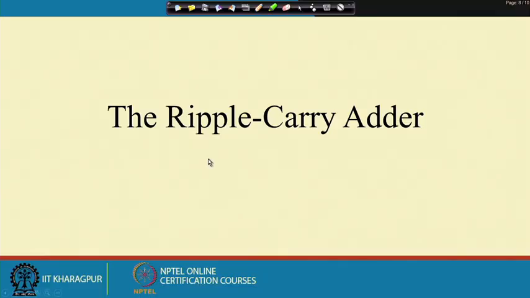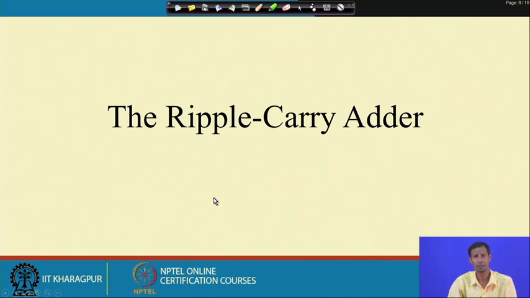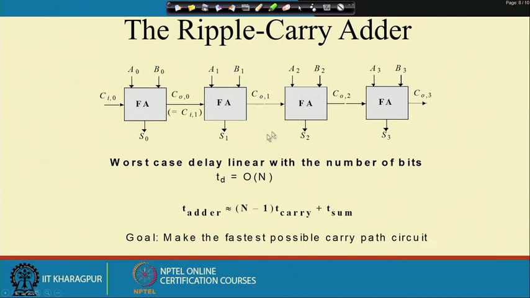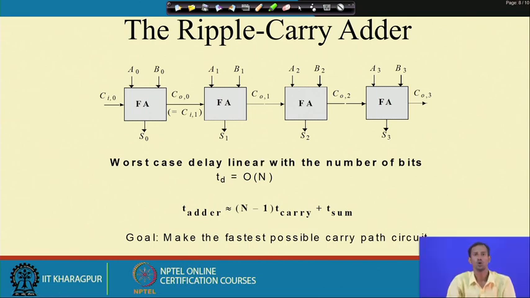Whenever we are considering this 64 bit addition operation, we will see how we can design it. This ripple carry adder says that the carry is basically rippling. Why is the carry rippling? Suppose I consider a 4 bit ripple carry adder, so I need to design one 4 bit adder. I have A and B, each of 4 bit.